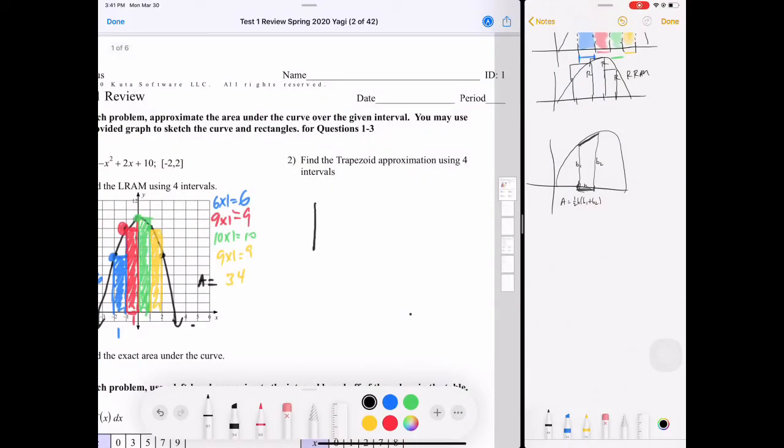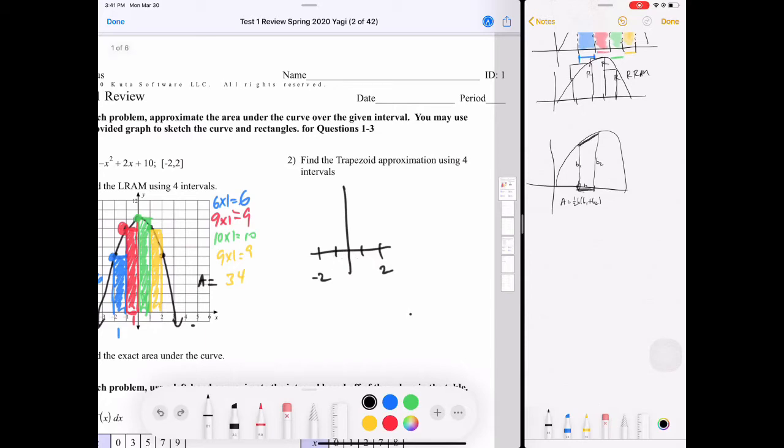Let's draw our first square real quick. Sorry. Let's draw the points. The points on the graph are going to be 6, oops, wrong graph. From -2 to 2, we want four trapezoids. 1, 2, 3, 4 trapezoids, right?